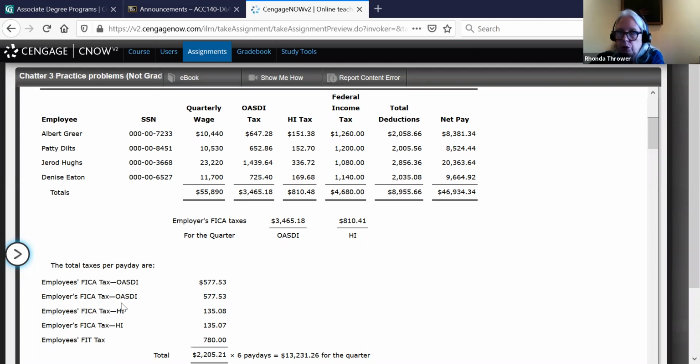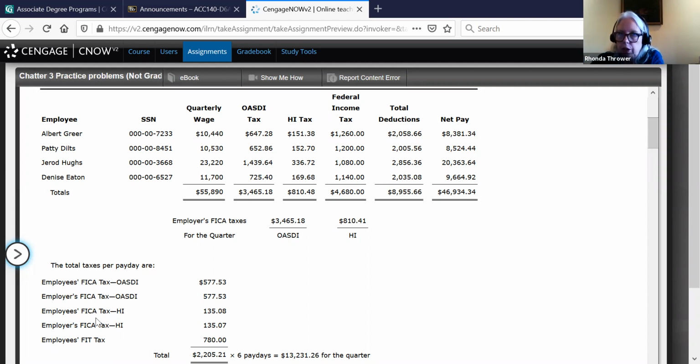The employer's tax per payday, this was the employer's taxes for 6 pay periods. You would divide this amount by 6, and that will give you this figure right here. That's the total amount of the employer's OASDI tax for one pay period.